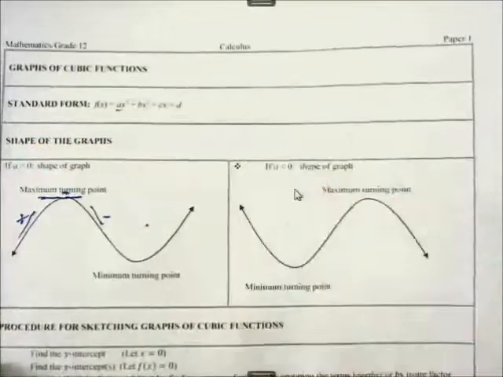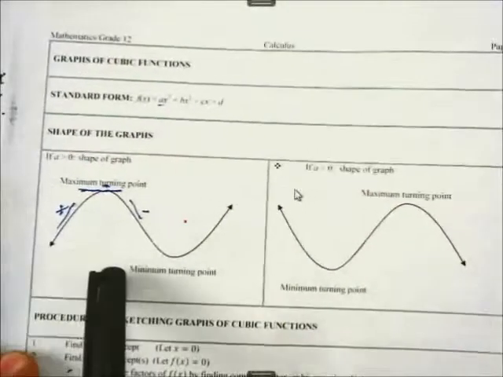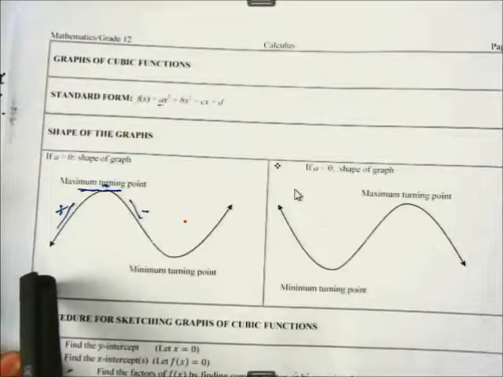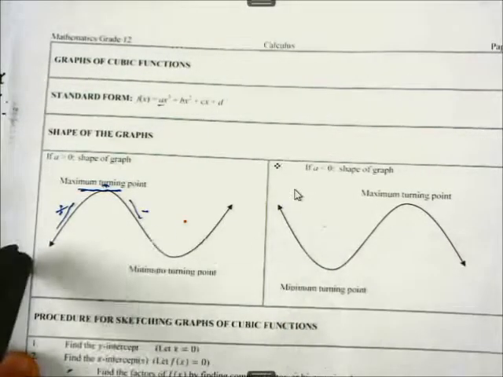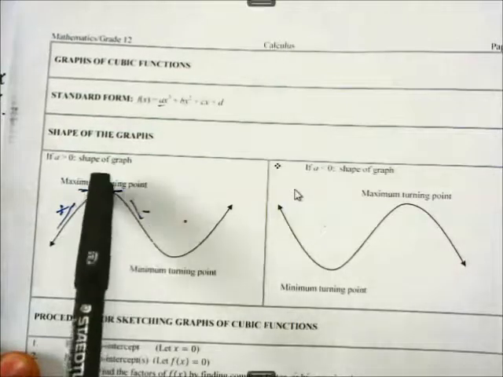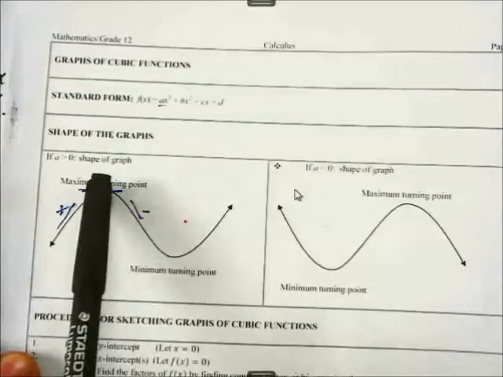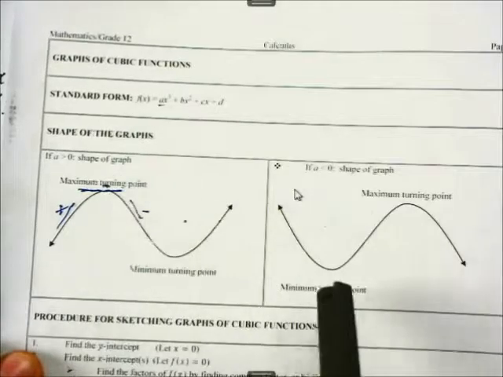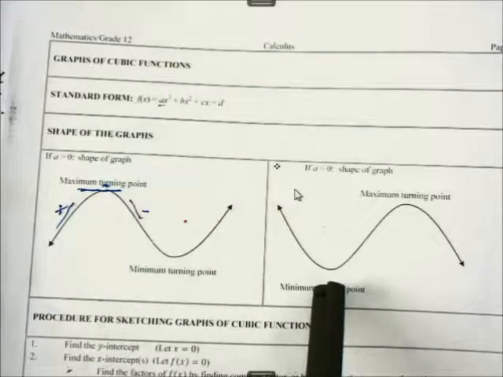Then how do we determine this one? Remember, each and every time when you read the graph, we start from the left. You start from the negative side to the positive one. Immediately when you start from the left, the first turning point that you come across, if it's the maximum, then your graph is positive. But if it's the minimum, then your graph is negative.